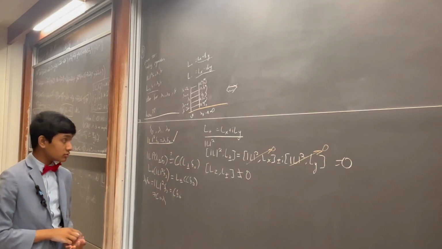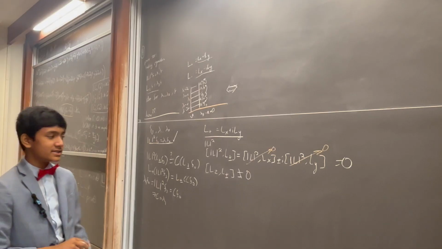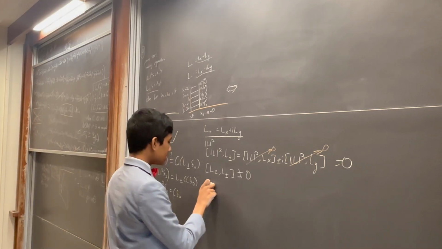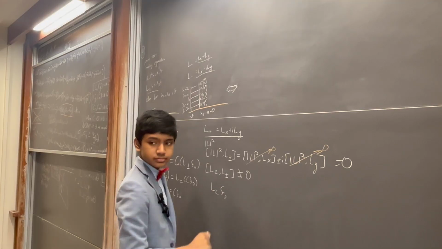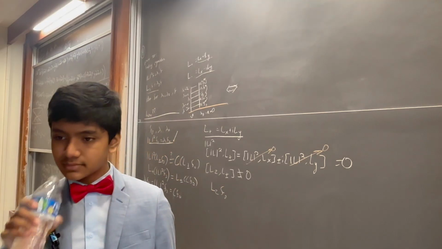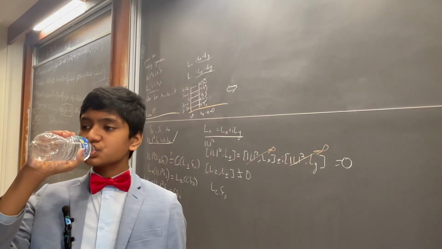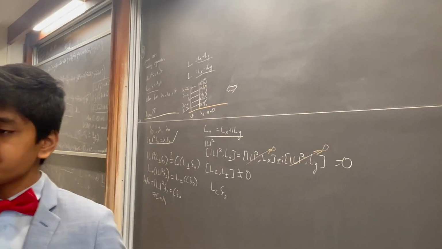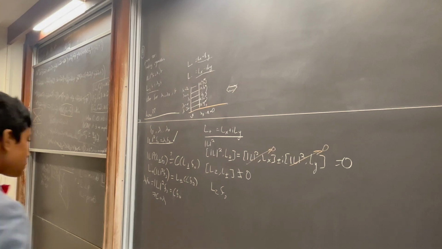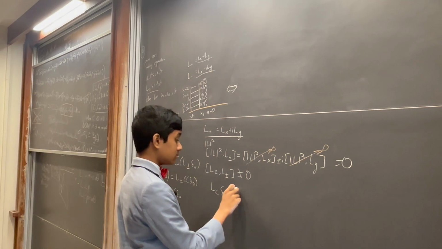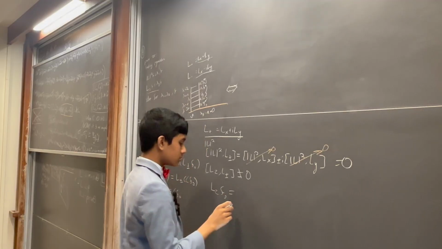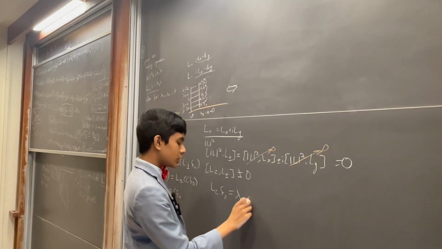What is it going to be equal to? How do we solve that equation? Well, let's write it out. We get LZ f naught is equal to lambda 2 f naught.